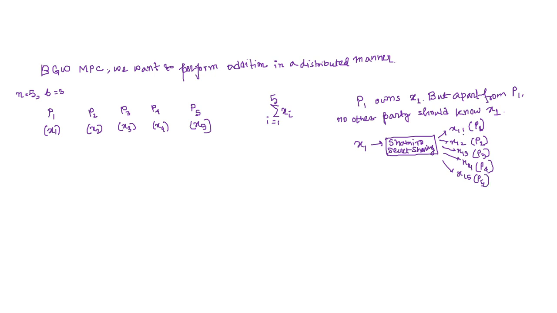So each of the parties will get some share of x1, but no party will be able to learn the whole of x1, right? The value of x1 itself will not be known to any of the parties.